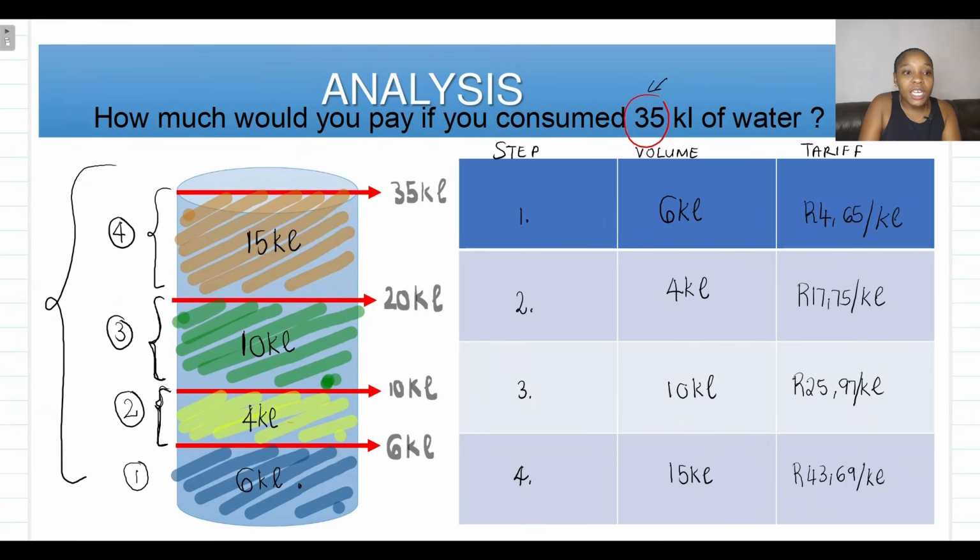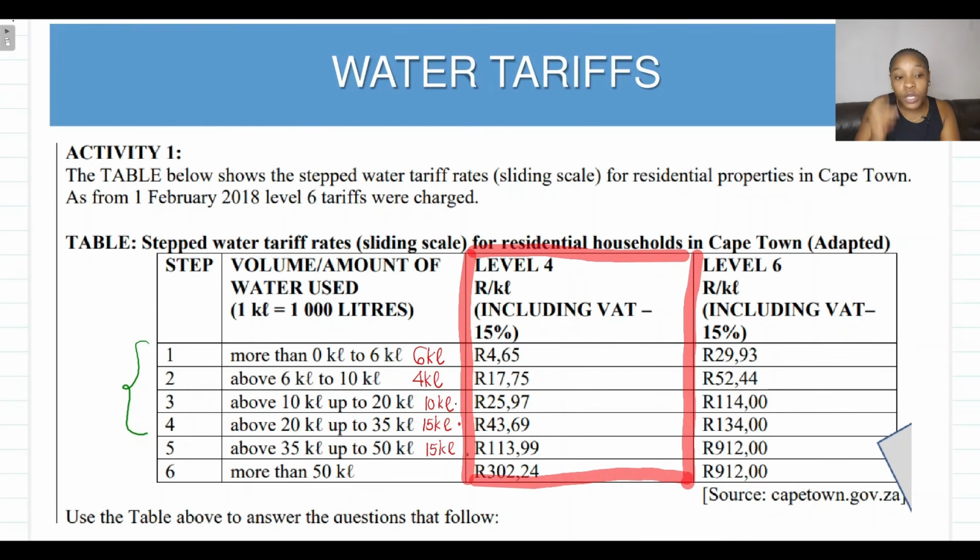What is very important, guys, when you're doing your tariff calculations, is that you should never ever round off the tariff amount that is given to you. You need to write it down the way that it is when you're doing your calculations.